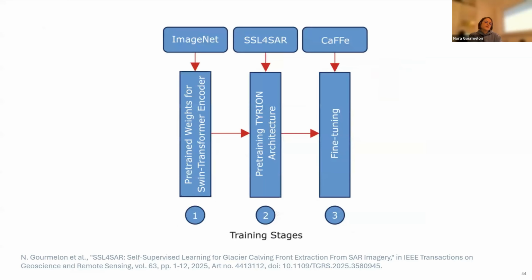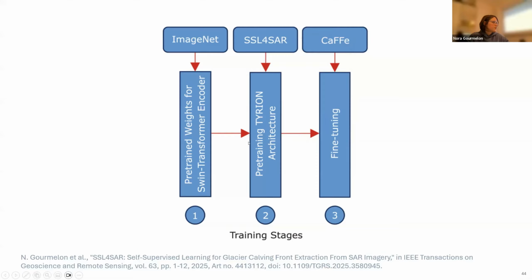With those two pre-training strategies, I did several experiments. And for that, we have three stages. We have first the pre-trained weights from the ImageNet, so just the encoder that was pre-trained in a supervised manner.